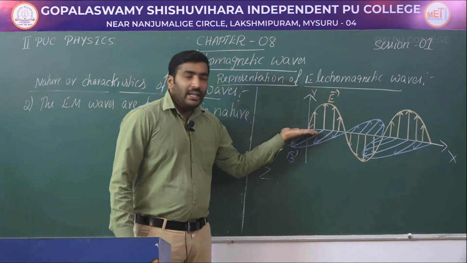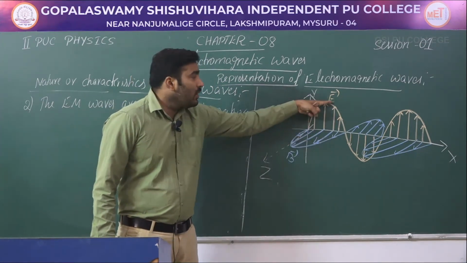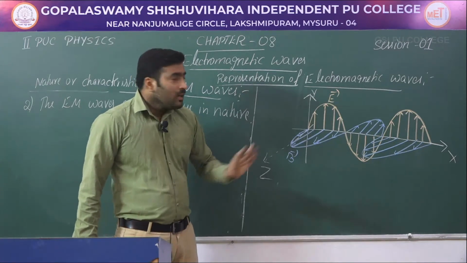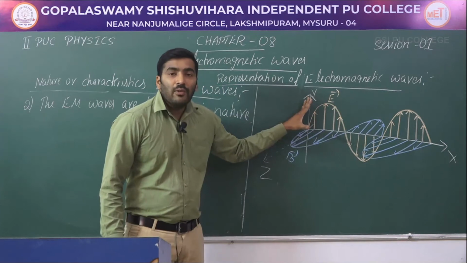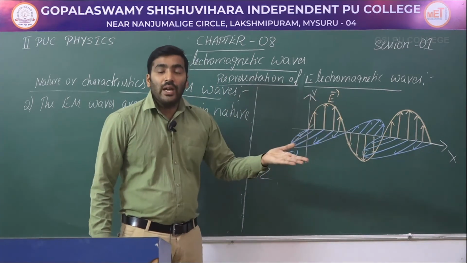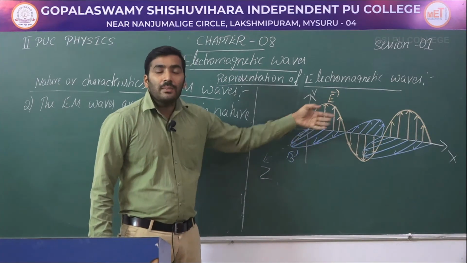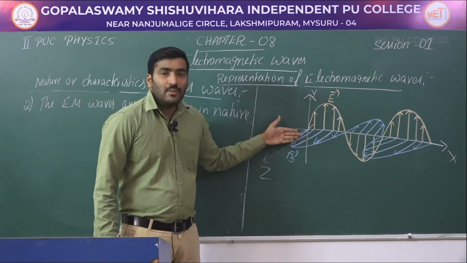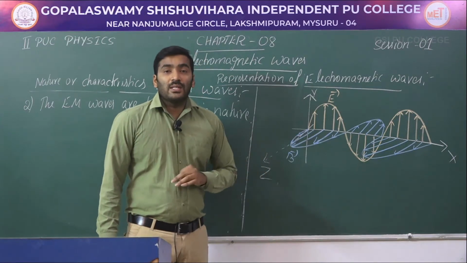They are perpendicular to each other and the direction of propagation is perpendicular to both the electric and magnetic field vectors. We have represented a plane electromagnetic wave here. So this wave is nothing but a transverse wave. Transverse means the direction of propagation is perpendicular to these two vectors. Therefore, an electromagnetic wave has a transverse nature.